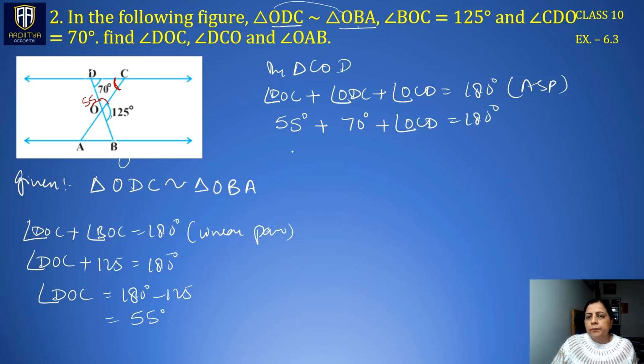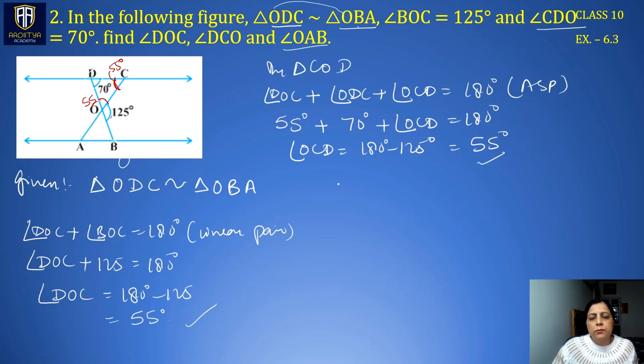So angle OCD becomes 180 minus 125, which is 55. So we have found all the angles of one triangle. We had to find angle DOC, DCO and lastly OAB. CDO is 70, DOC we have found, DCO we have found, DCO is equal to OCD.